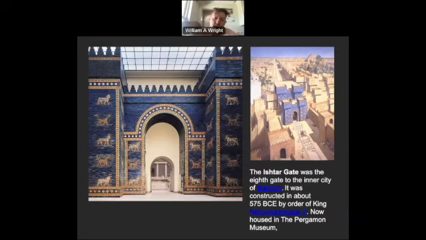You can't see it in this slide. Maybe it's in the slide that uploaded, but it's in Berlin. So this ancient Babylonian artifact did survive. It was not damaged, and we can still view it. We can see these beautiful ancient blue and turquoise decorations that would have been used. It's pretty amazing to think of entire cities made in this.